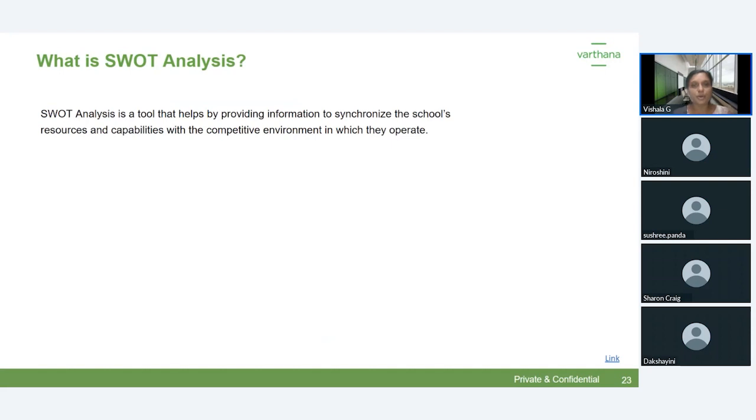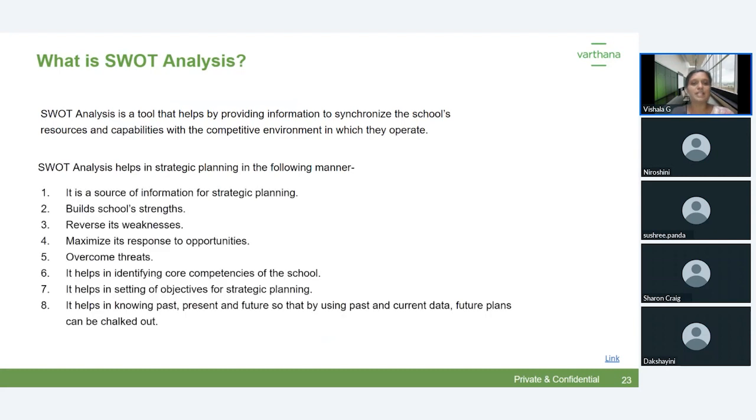You can understand about your own environment in the school if your school is already running, or if you want to start a school, you can understand what trends there are in the market, what you can do to reach that level, or what you can do to go ahead of your competitors. So it helps you to understand your own strengths and weaknesses, what opportunities you have, what threats you have, what the core competencies in the school are, etc.